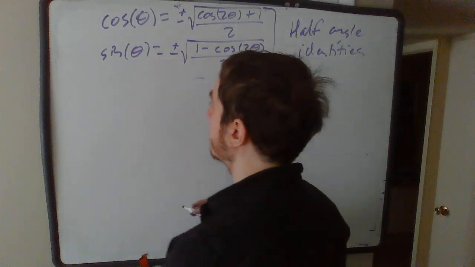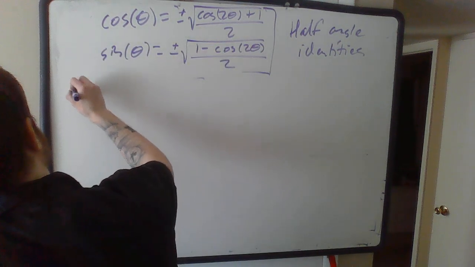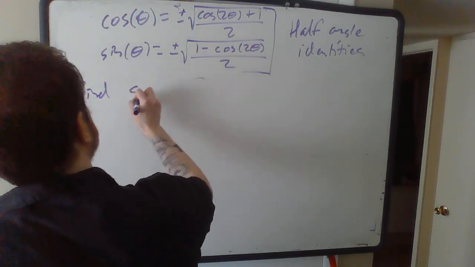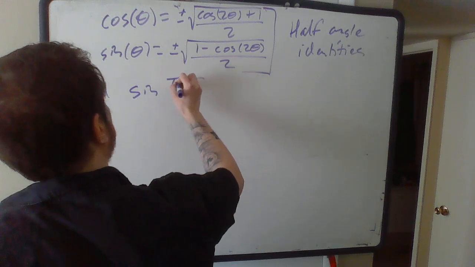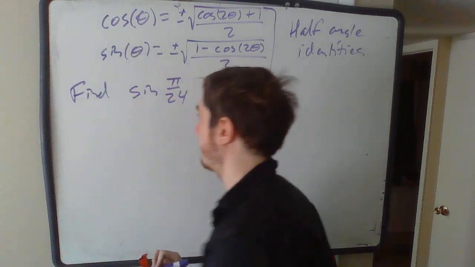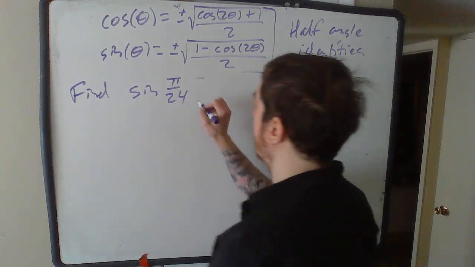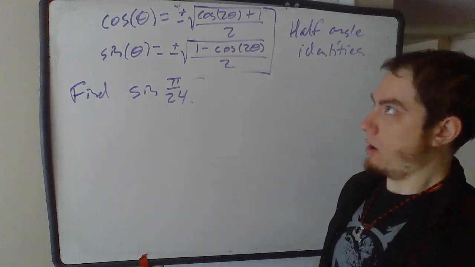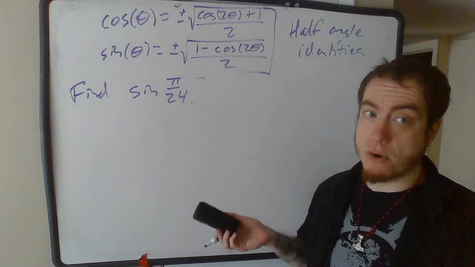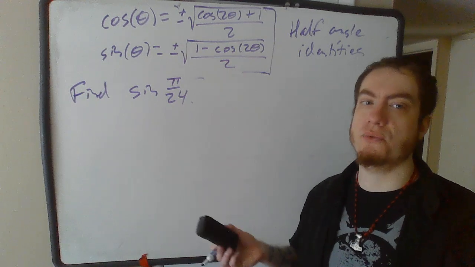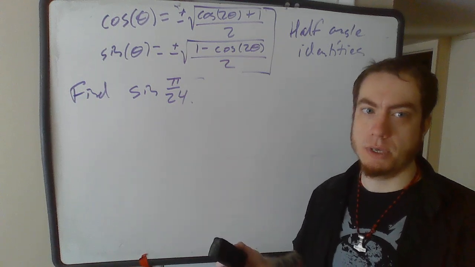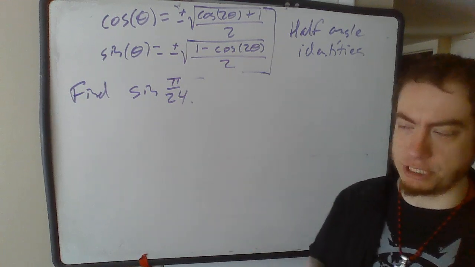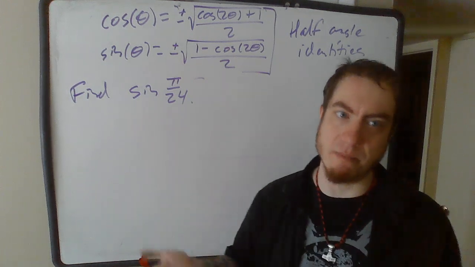Okay, so let's ask the same question, except this time I want to find the sine of pi over 24. Now, off the top of my head, I don't know how to write pi over 24 as a sum or a difference of angles that I know, angles where we know the trig functions, things like pi over 4, pi over 3, pi over 6.